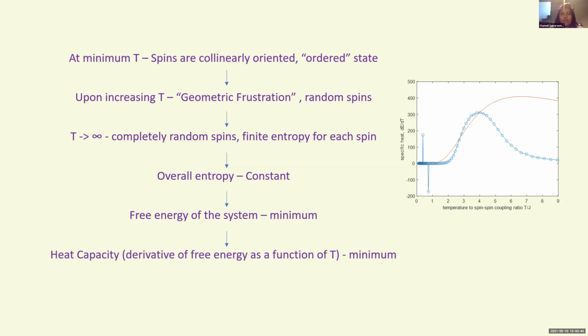At infinite temperature, the spins are completely random and each spin will have a finite entropy. So the entropy will be constant, which means the free energy of the system, from which the heat capacity could be derived, becomes minimum. So when we increase the temperature, the heat capacity decays and plateaus.